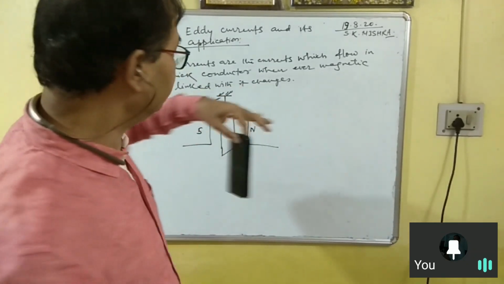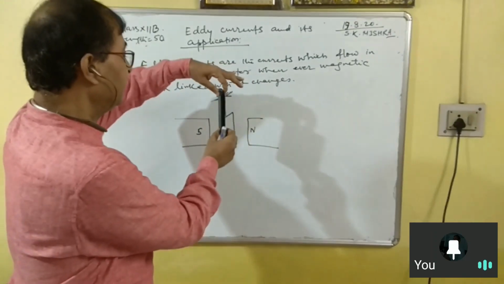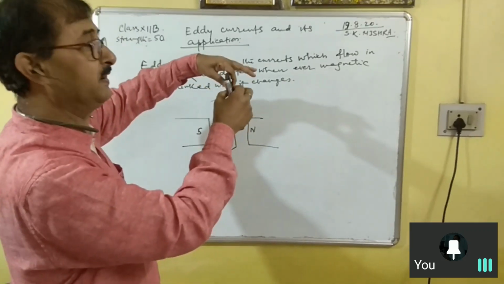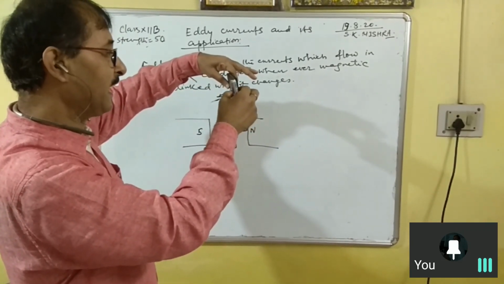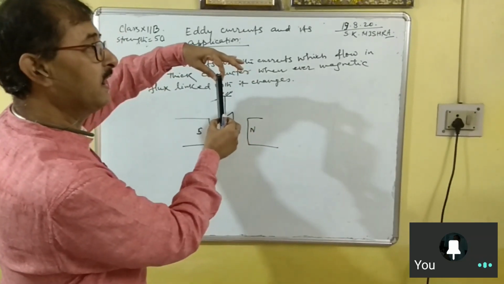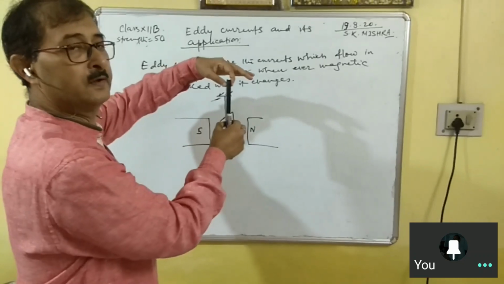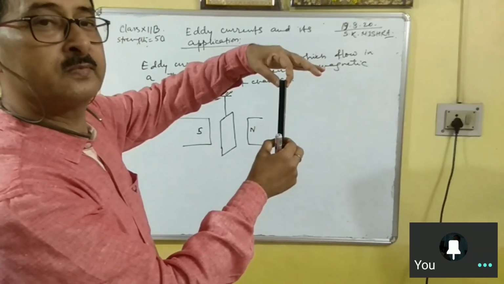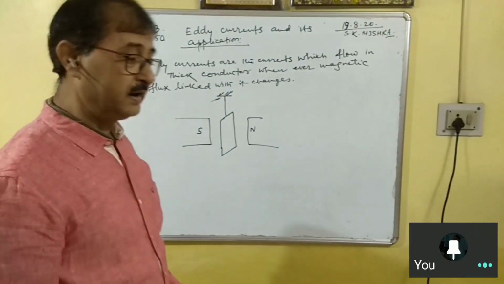This current will flow in such a way that it will oppose the reason. If this plate is coming out of the magnetic field, it will oppose it, so it will try to go inside, and when it is going inside, that is also opposed. So the oscillation will die out immediately. This is the application of eddy current.